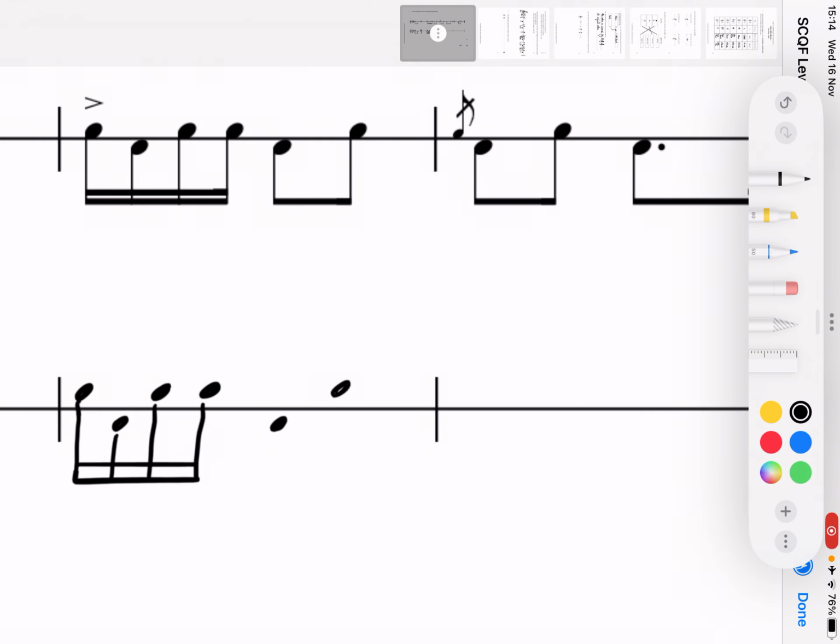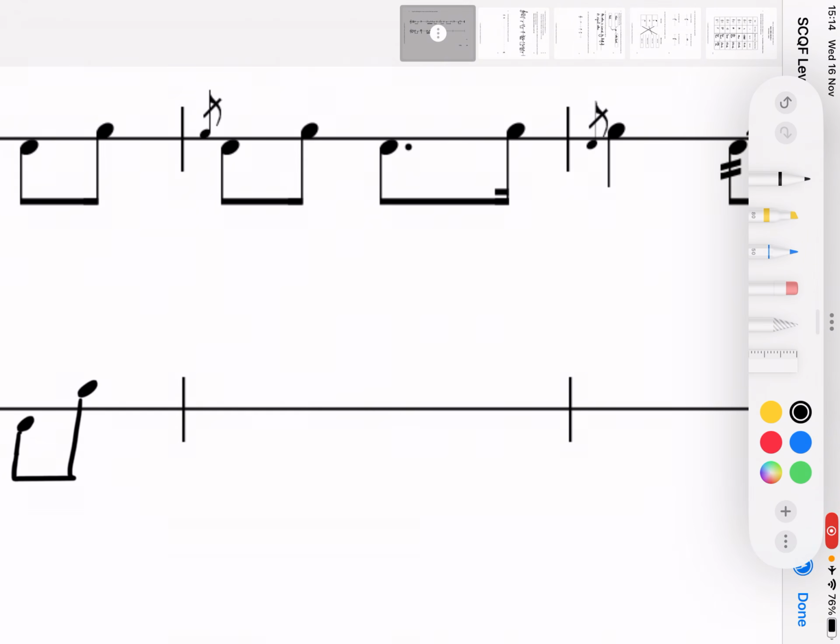Left, right. And then we've got left flam, right tap. Let's do that. Left flam, right tap. And if you're doing it like this, like I am, doing literally one group at a time, I feel you can't go wrong. Okay?